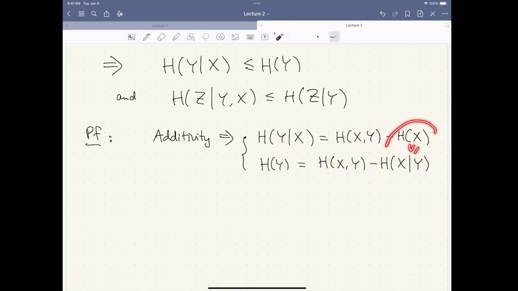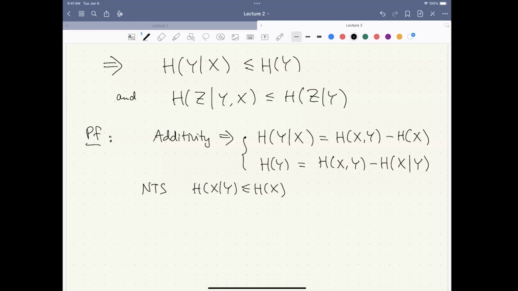Okay. So we need to show that, this seems like the same thing. We're going to drop conditioning in a different direction. It seems like the same thing, but it's going to be slightly different.